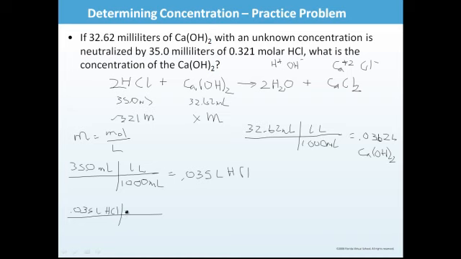All right, so we're going to have 0.321 moles divided by 1 liter, and that's going to get us moles of HCl.